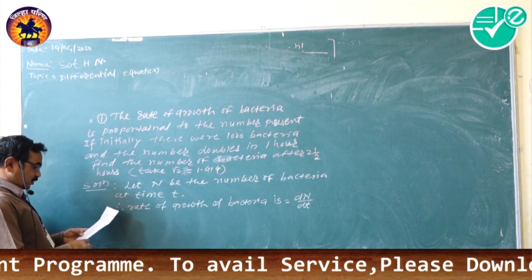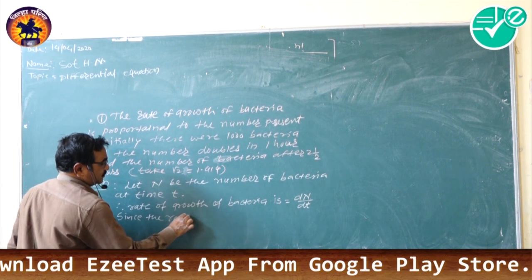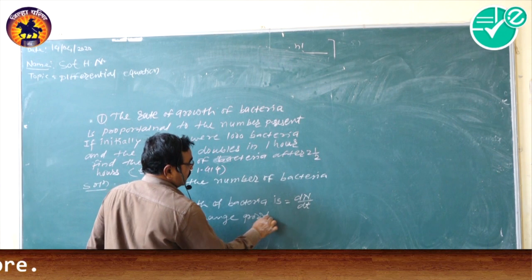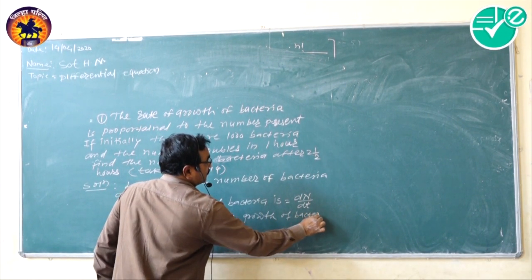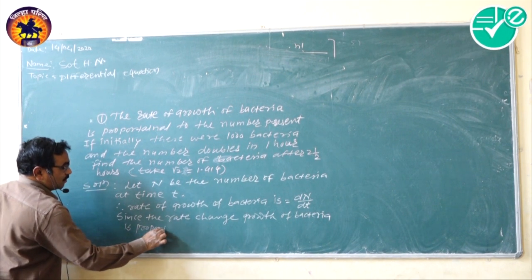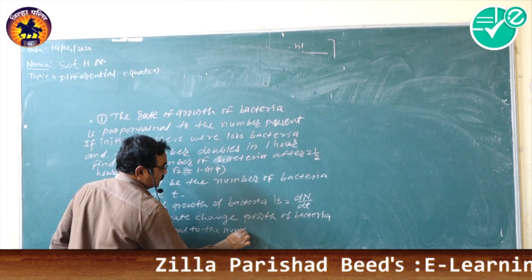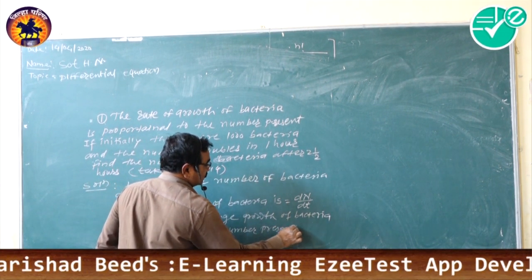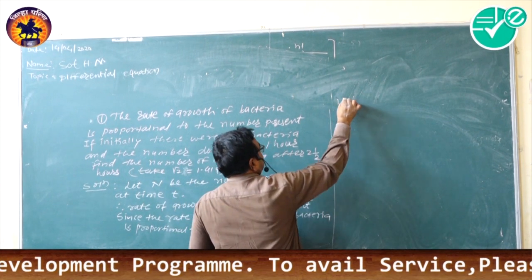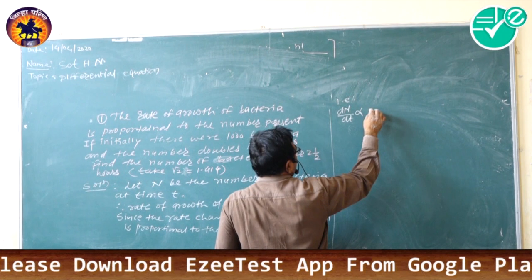Since the rate of growth of bacteria is proportional to the number present, that is dN by dt is directly proportional to N.